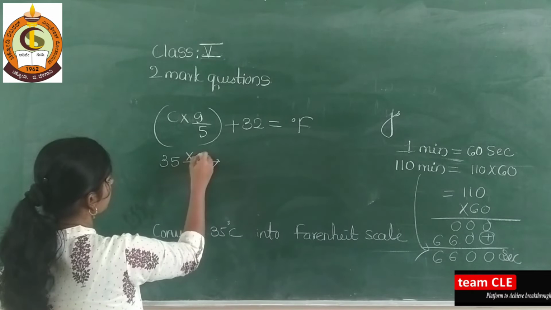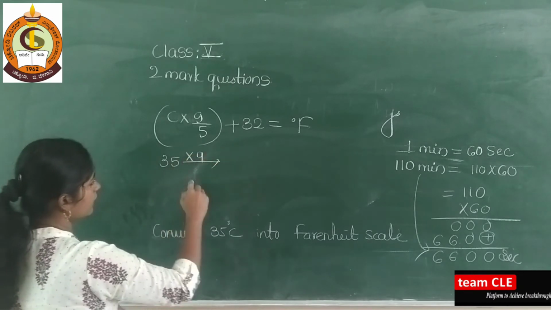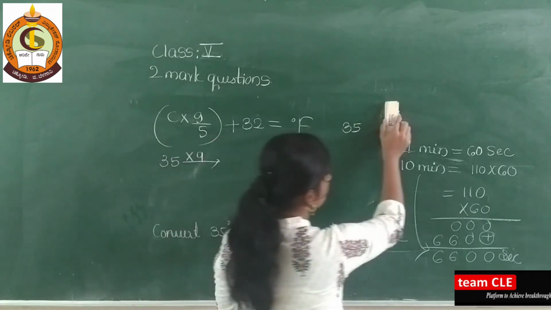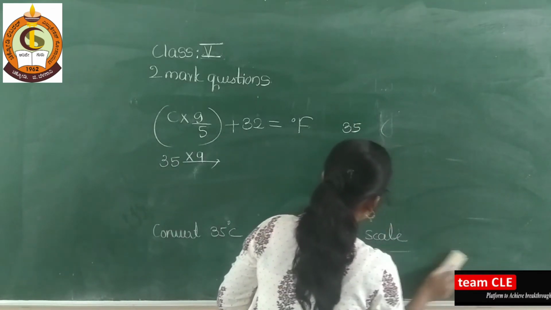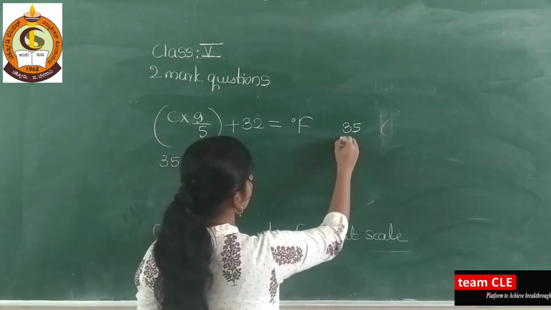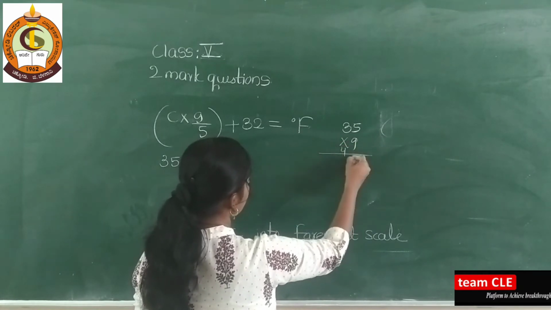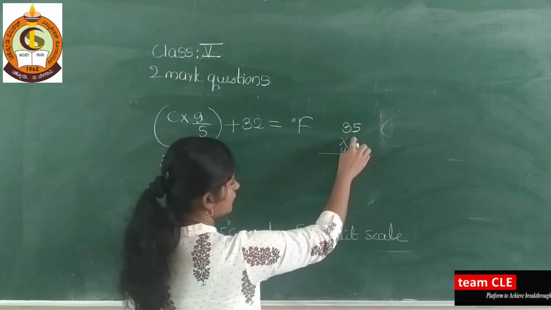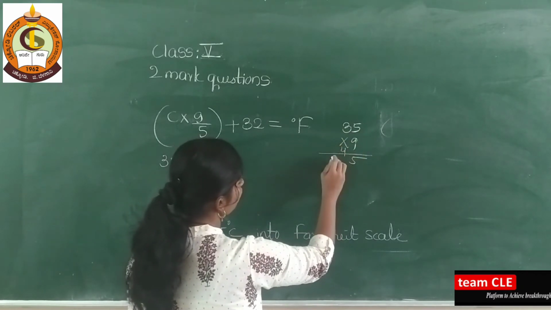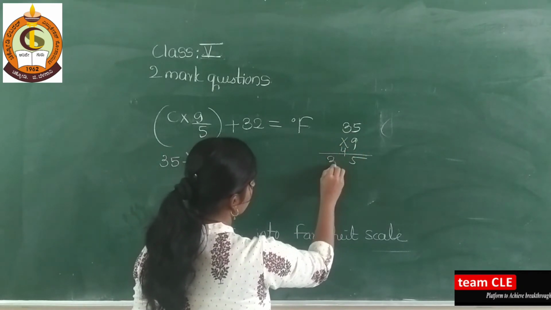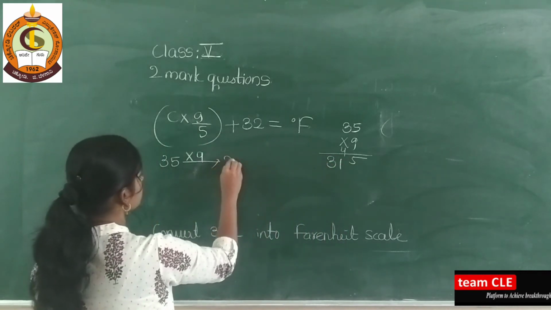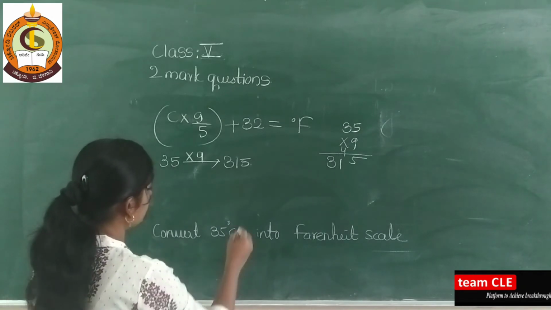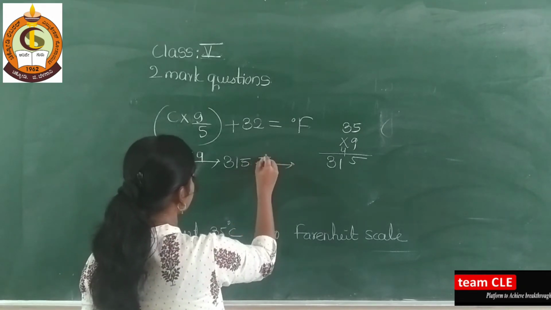You multiply with 9. 35 into 9. 9 5s are 45. 9 3s are 27. 27 plus 4 is 31. So write here 315. Next you divide with 5.